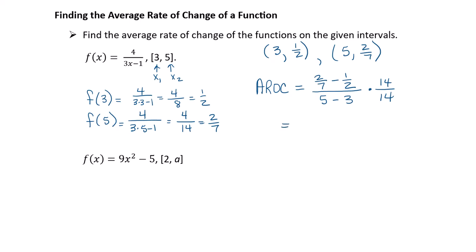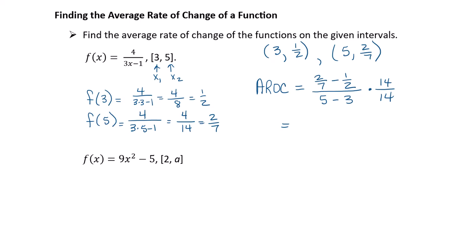I get 14 from looking at the little denominators of 7 and 2. If you want to get rid of those little denominators, multiply by the least common denominator, and do it on top and bottom so that you're just multiplying by 1.